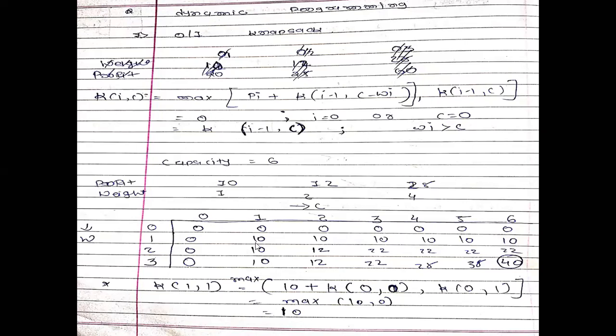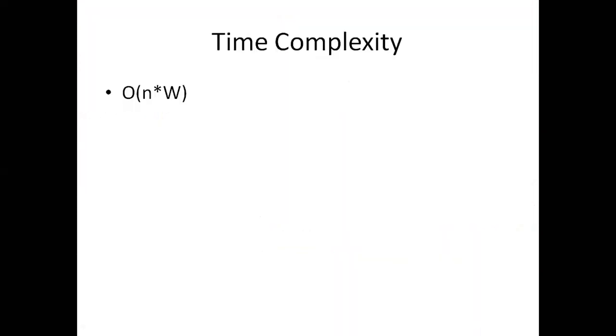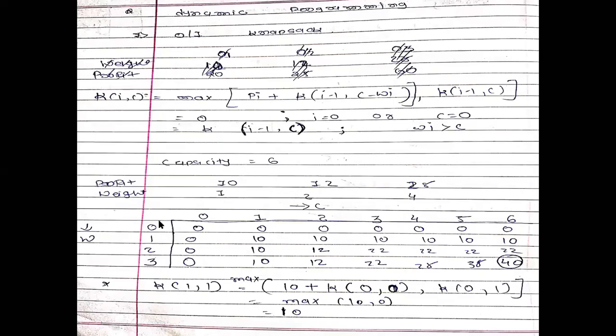And what is the time complexity? You can see for the 0 item, we have gone through all the weights from 0 to 6. For the 1 item, we have also gone through all the weights, from 0 to 6. For the second item, we have also calculated the formula from 0 to 6.